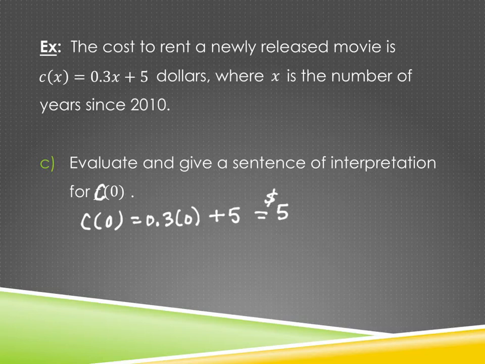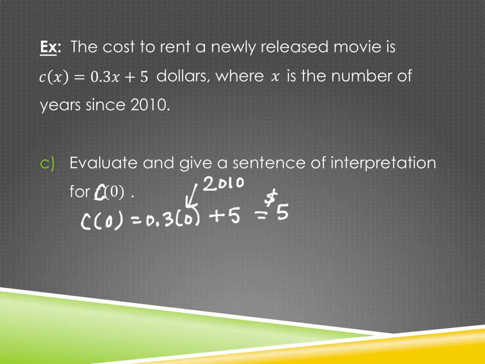What in the world does that mean with this problem? What does the 0 mean? What does the 5 mean? That just means that in 2010 movies are $5. The 0 means I'm in year 2010 because it says x years since 2010 and my x is 0.